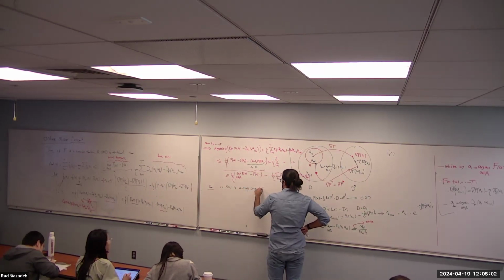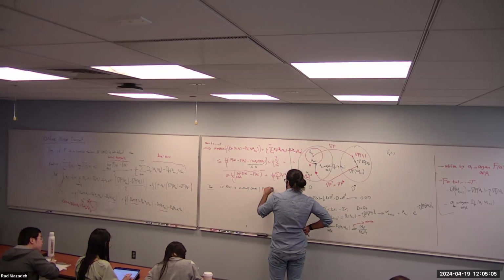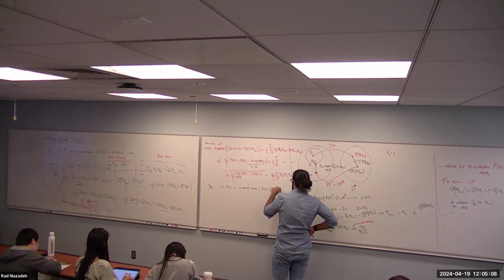For example, if I look at f of x to be half x squared, this is one strongly convex.